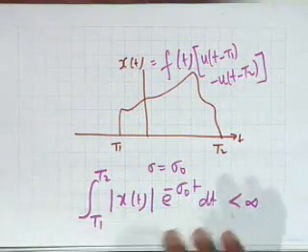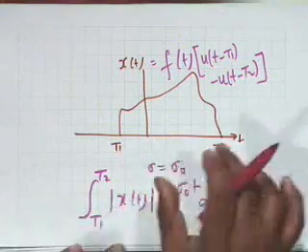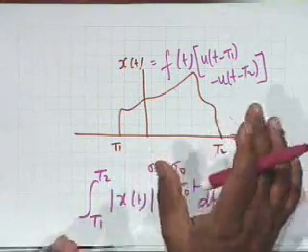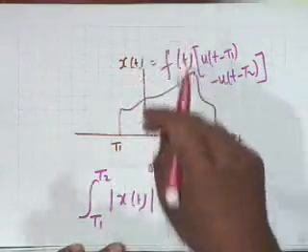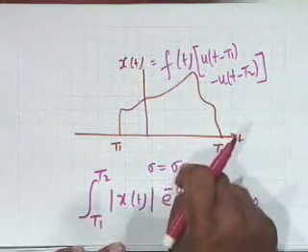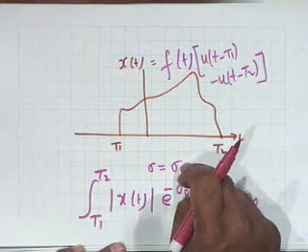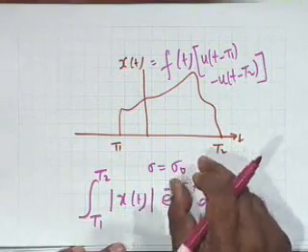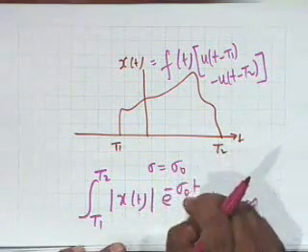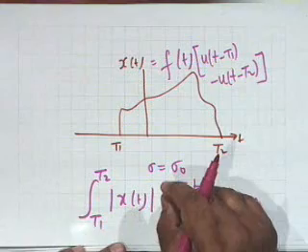Now I state the hypothesis, that if x of t exists over a finite range of t and its Laplace transform converges for some sigma equal to sigma 0, then it converges for all values of sigma.